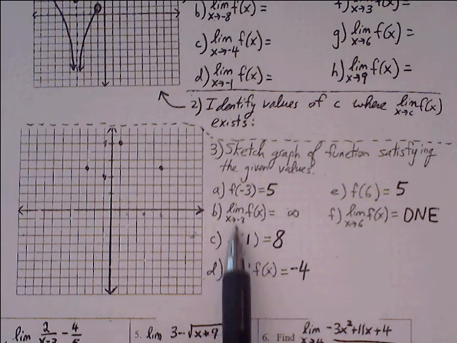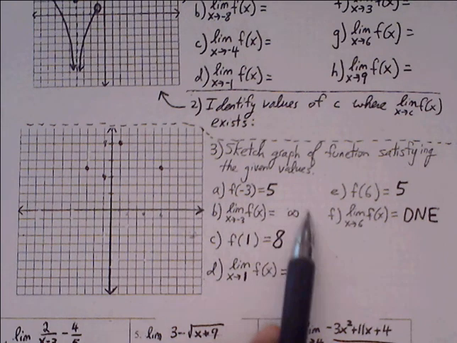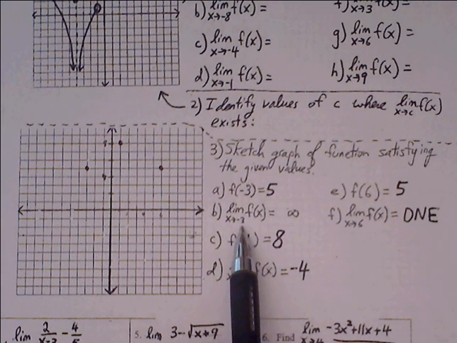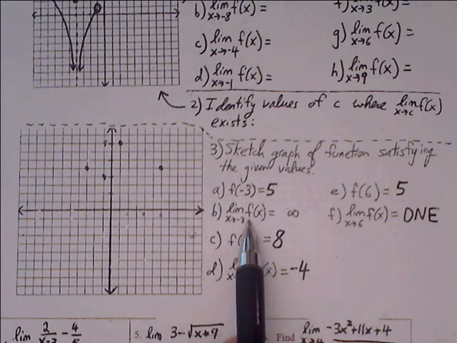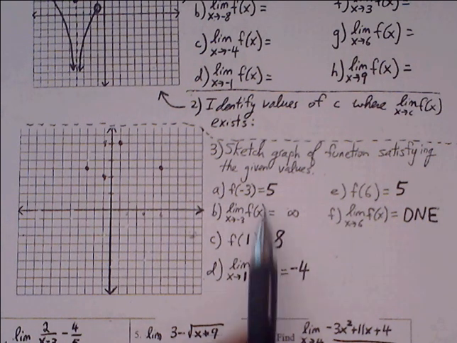So here it says limit as x approaching -3 is equal to positive infinity. So this indicates that there's a vertical asymptote. So if we're approaching a specific x value, and both branches are going up to infinity, we know that there's going to be an asymptote there.